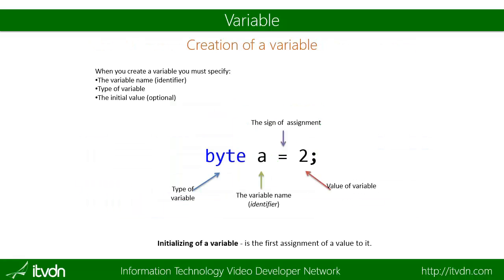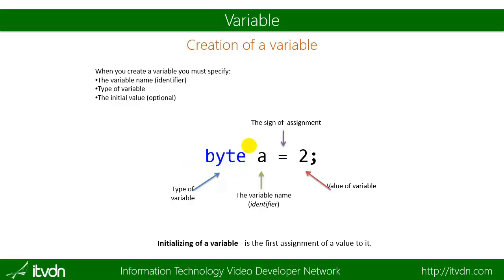Now that we have a little idea of what a variable is, let's take a look at how we can create a variable. Creating a variable is easy, but you need to specify what you want. You need to specify the type of variable you want. In this case, we want to create a byte-typed variable, which can hold up to 8 bits.